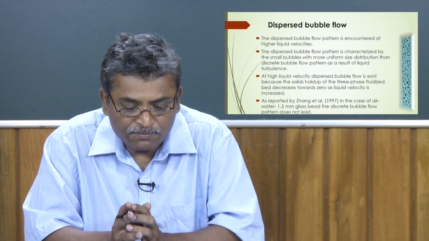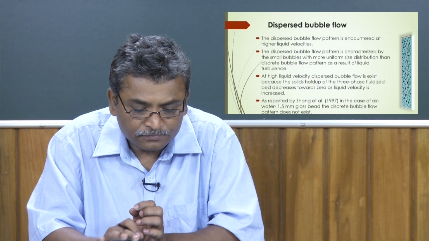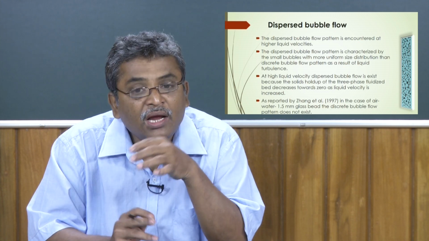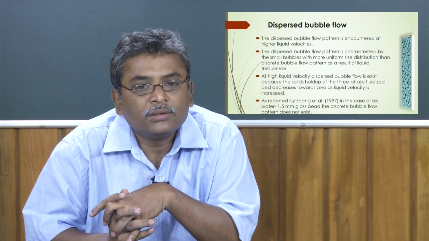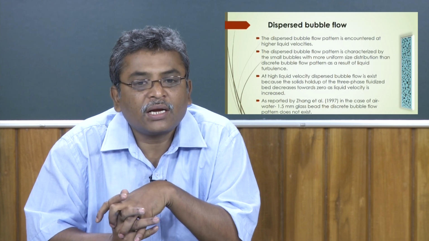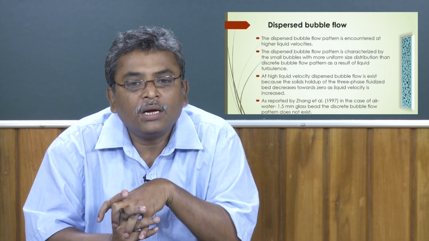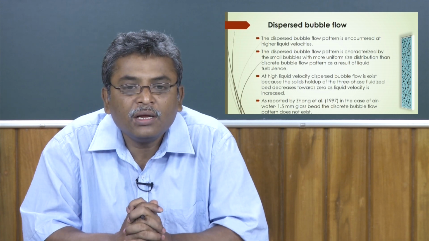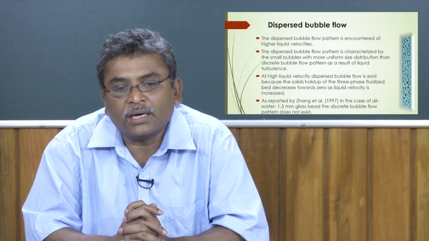Now, in case of dispersed bubble flow, the dispersed bubble flow pattern is encountered at higher liquid velocities. The flow pattern is characterized by small bubbles with a more uniform size distribution than the discrete bubble flow pattern.